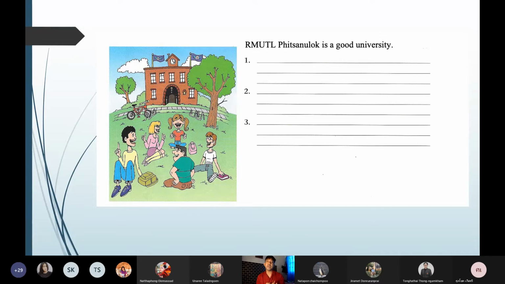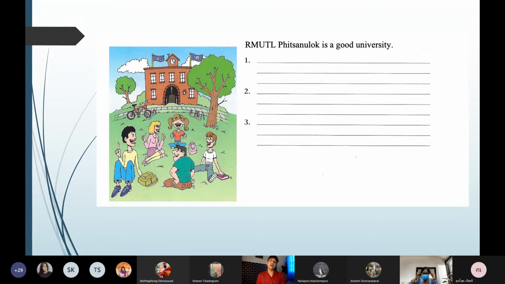First, I'm going to speak RMUTL is a good university because it's friendly. Second, RMUTL Pitsanulok is a good university because it has clean environment. And third, RMUTL is a good university because it is like a family. Let's move on to the next one. Now, I'm going to talk about why RMUTL is a good university.